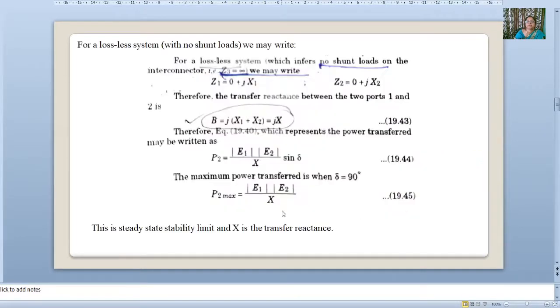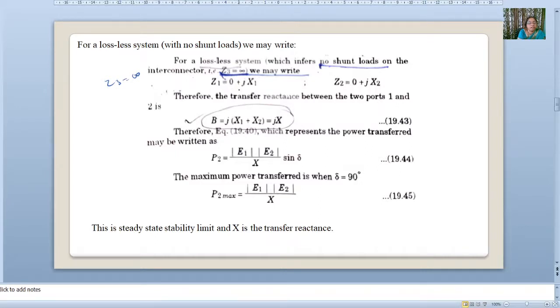So ZA is important. For a loss-free or lossless system, with no shunt load on the interconnector, Z3 is infinity.